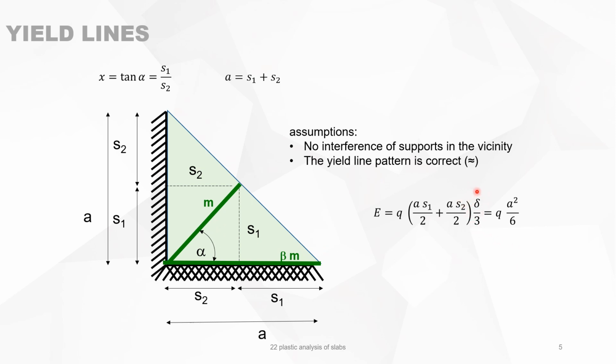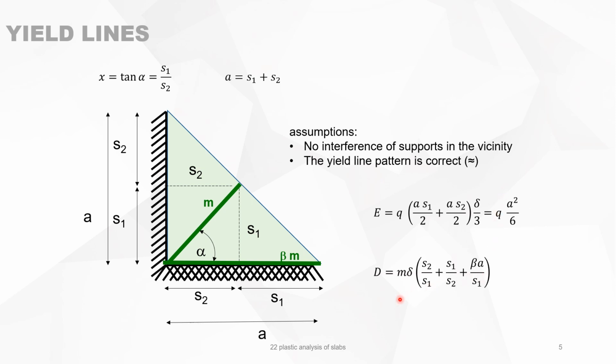Because the maximum displacement delta will disappear in the equation, we can put this value as 1. It's a scale factor in fact. You can also calculate the external energy by taking the two triangles into account. Then you get this formula and you arrive at the same thing: it's qA squared over 6.